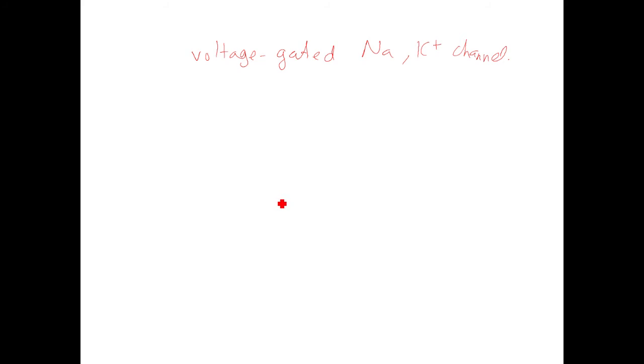For example, if we apply a stimulus by injecting some sodium ions into the axon, the voltage-gated sodium channels will open. Okay, so these are sensitive to presence of ions.